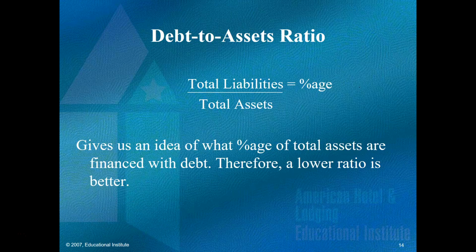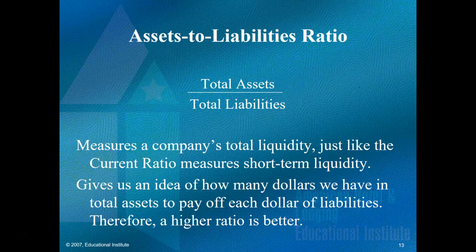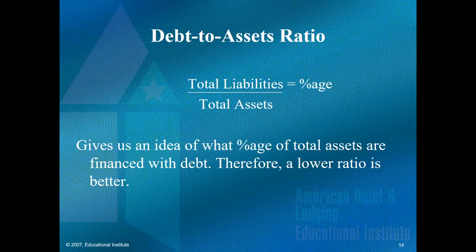All right. Then we've got a debt to asset ratio. So again, total liabilities, debt, over total assets. Now we've flipped the results here, right? This was assets over liabilities. Now it's liabilities over assets. But this is going to be a little bit different. This one is basically going to give you the percentage. So let's say that it gave you a result of 0.6.